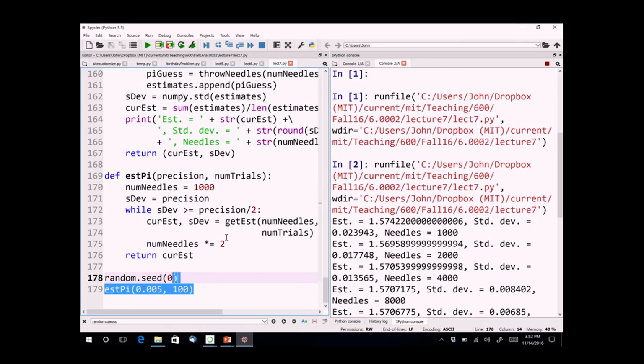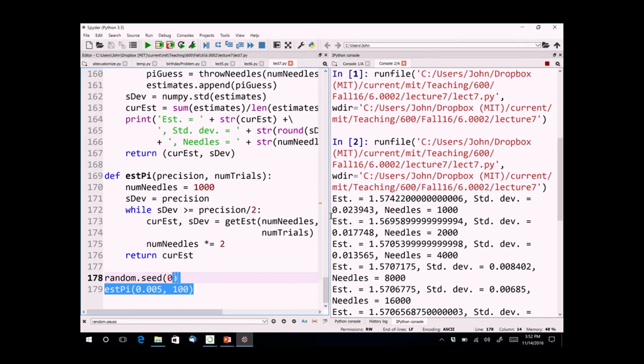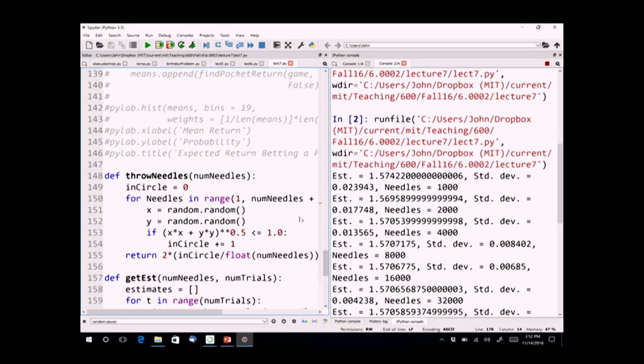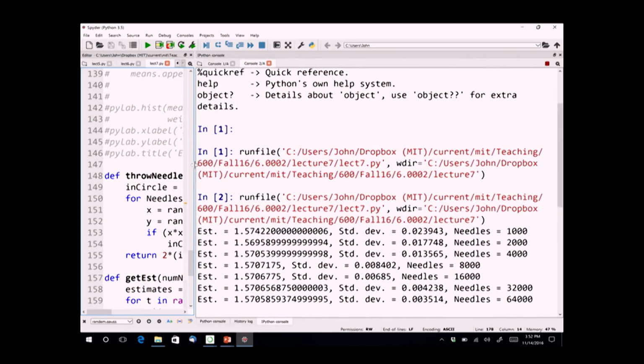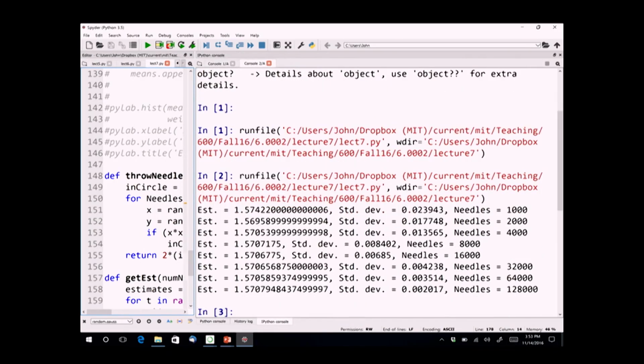And what you'll see as it runs is that once again, we're getting very nice confidence intervals, but totally bogus values of pi. All right. So the statistics can tell us something about how reproducible our simulation is, but not whether the simulation is an actually accurate model of reality.